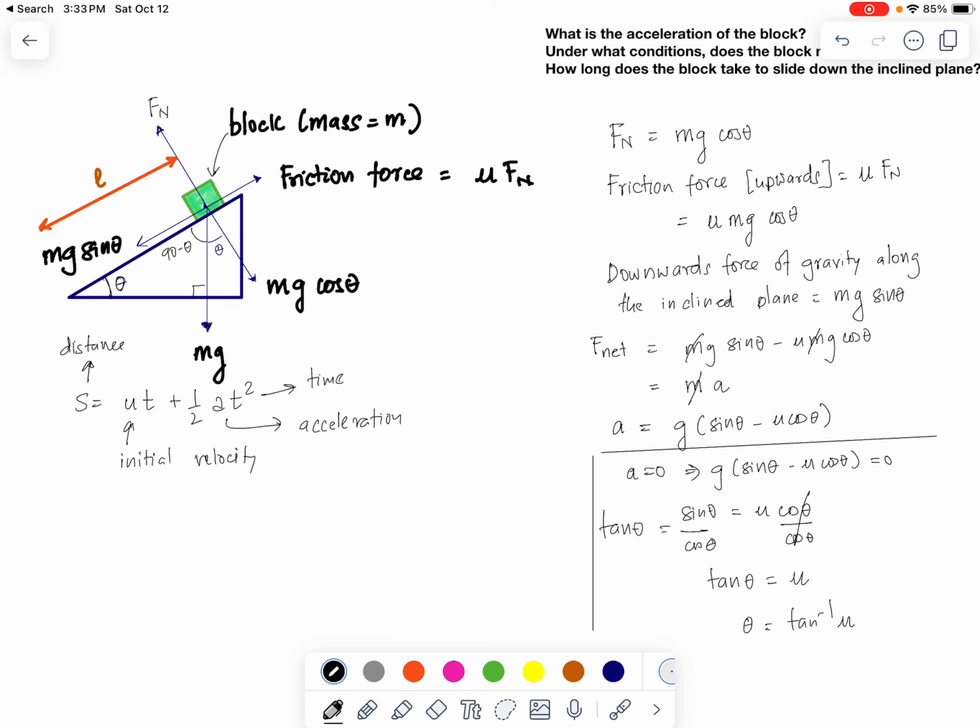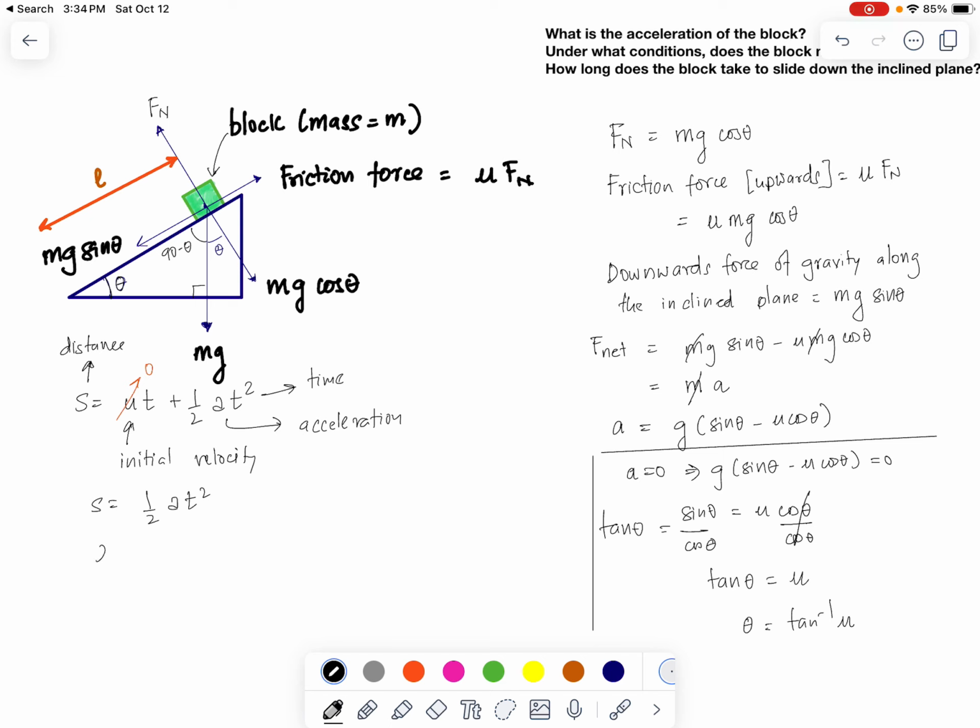Now if the block starts from rest, we know that the initial velocity can be regarded as 0. So we can rewrite this expression very easily as S equals half at square. And S here is equal to the length that the block needs to slide.